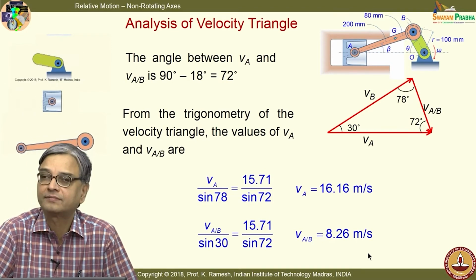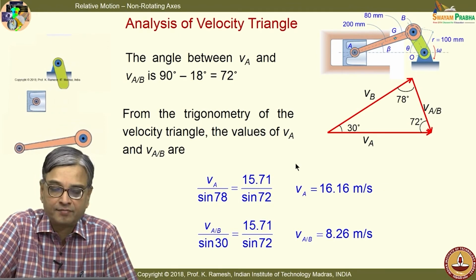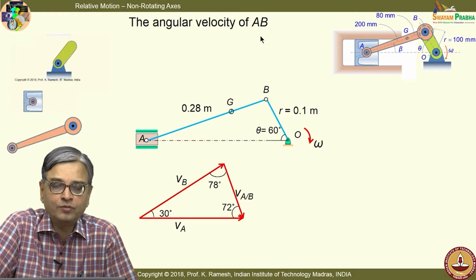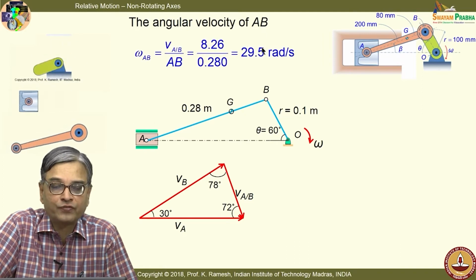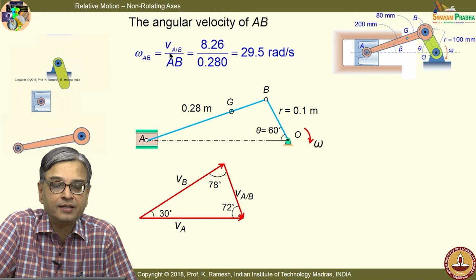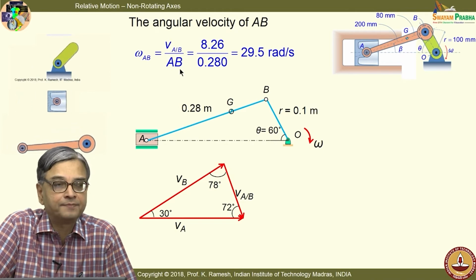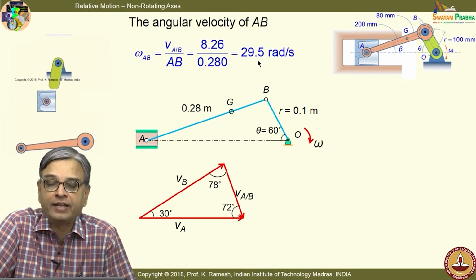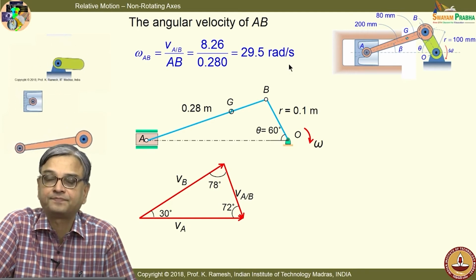You can do that. Fine. So, the angular velocity of AB is simply VAB divided by AB, which turns out to be 29.5 radians per second.